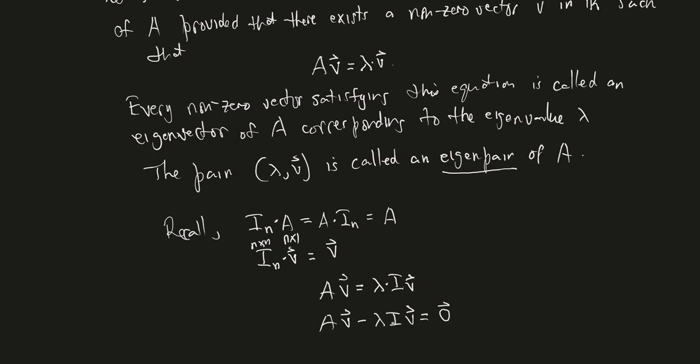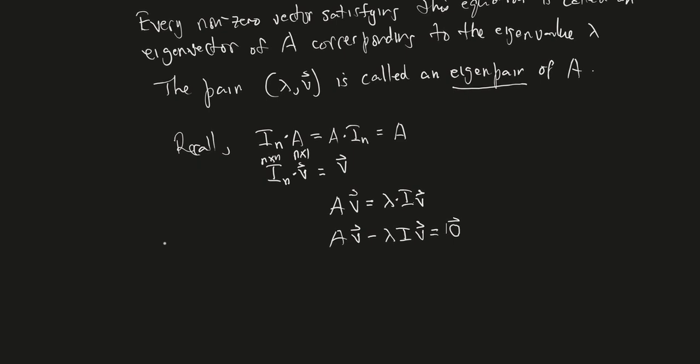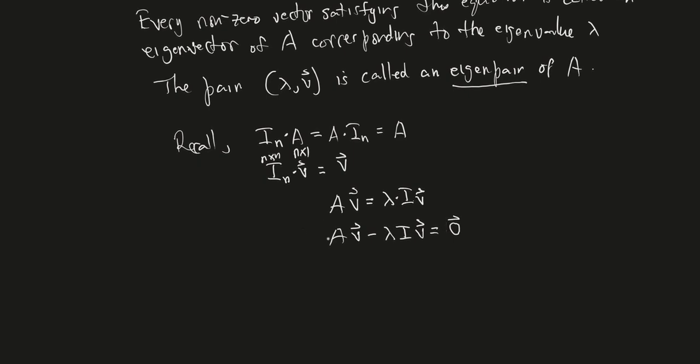Once I do this, think about what we like to do when solving equations: we like to factor. There's a v in common now, so I'm going to factor out the v. In parentheses will be the matrix A minus lambda times the identity matrix, and outside the parentheses will be the vector v. Then I still have my zero vector on this side.